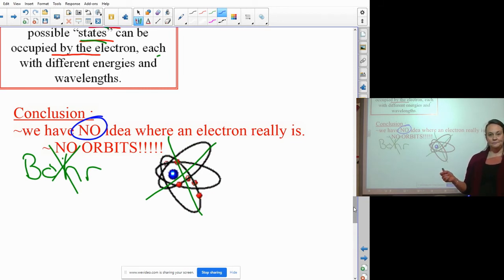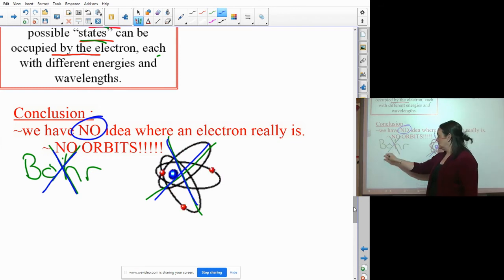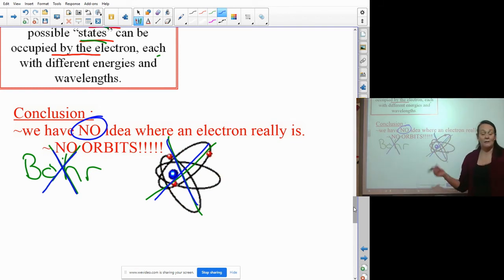However, sometimes when you learn you don't know something, you actually learn that helped you figure out what you don't know. So we know that orbits are out. Bohr is wrong. And so now we know we have to modify what we know.